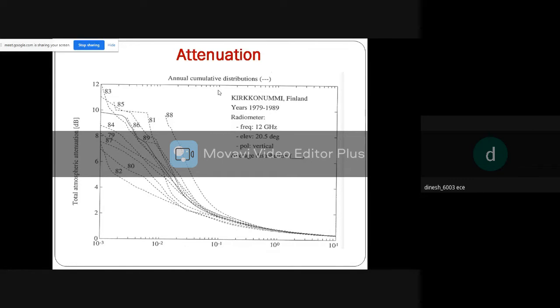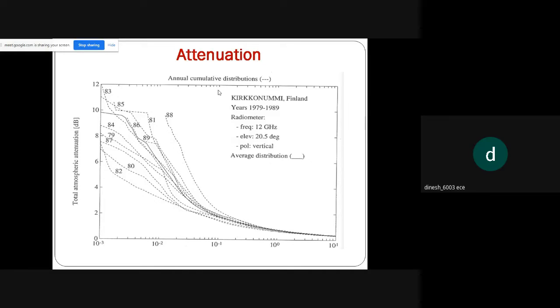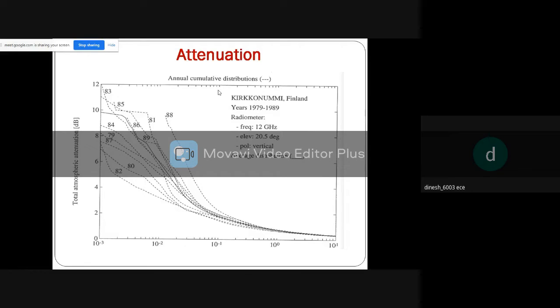So this graph of attenuation measurement over the region of Kirkkonummi in Finland was taken for years 1979 to 1989, which gave us information that where we had a higher attenuation, that year experienced more rainfall cumulatively.